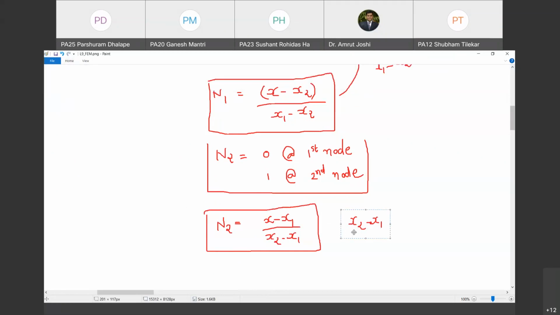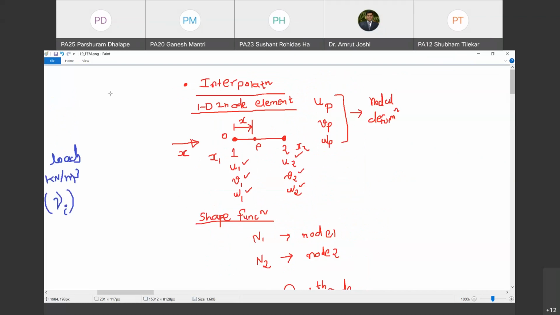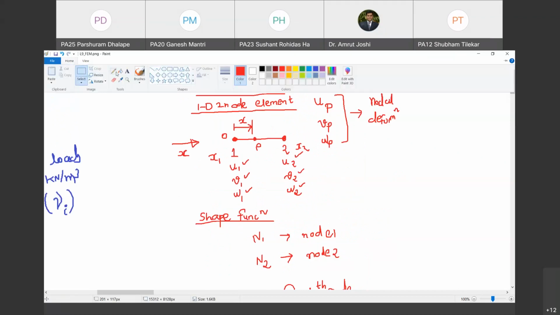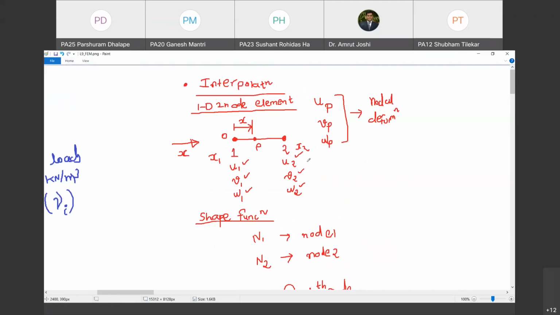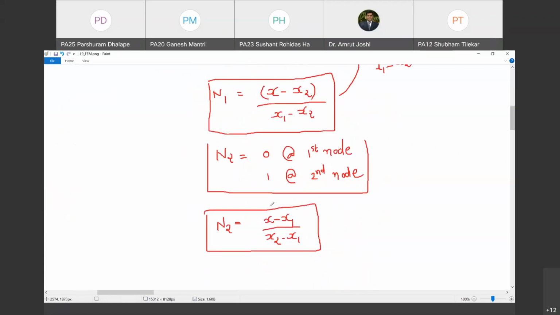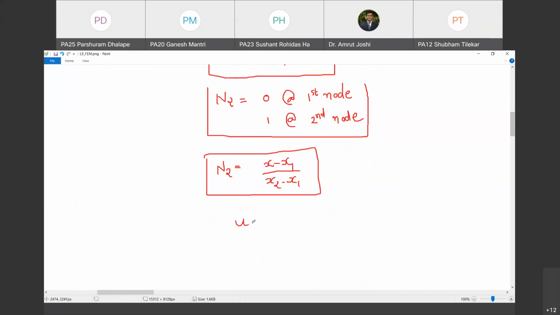Yes. And now I'm going to propose that the x directional displacement anywhere in between this element, I am going to write it as u equal to, देखो, n1 u1, so shape function for node 1 into x directional deformation at node 1, plus n2 u2, which is shape function for node 2 multiplied by x directional deformation at node 2.